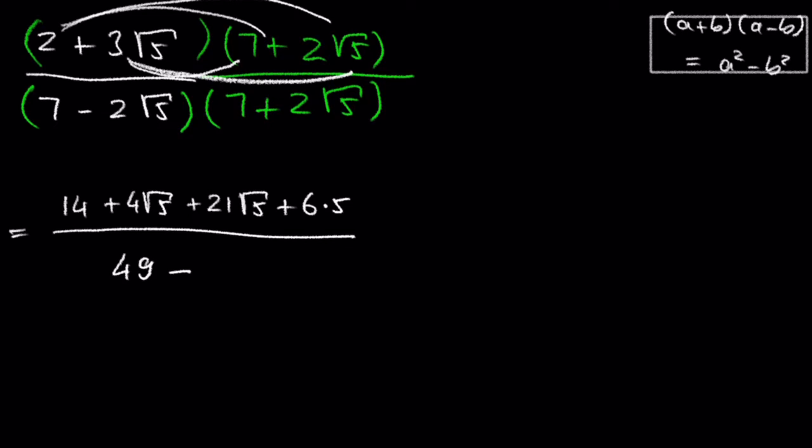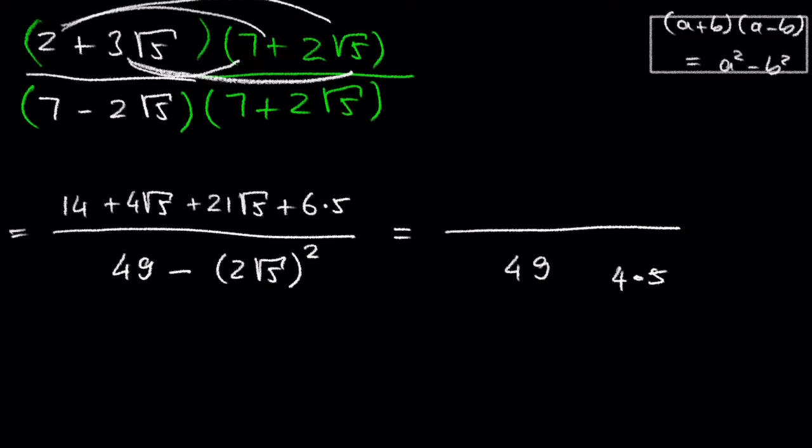And 2 times the square root of 5 in parentheses and then squared is 4 times 5. 14 plus 30 is 44.